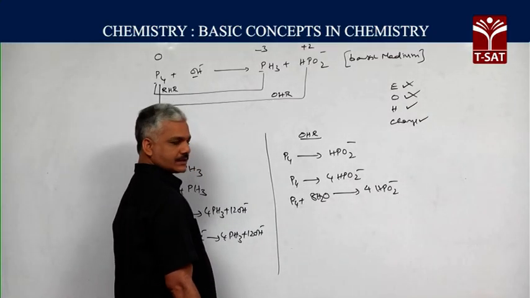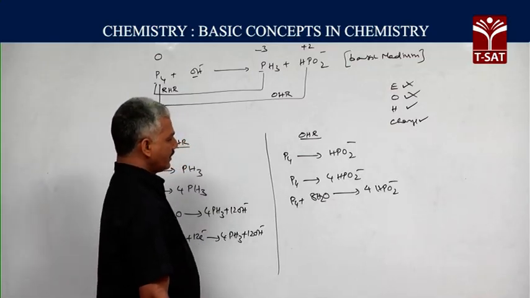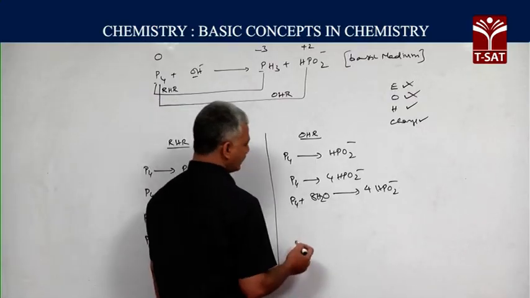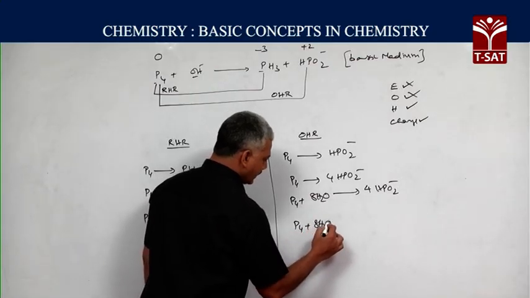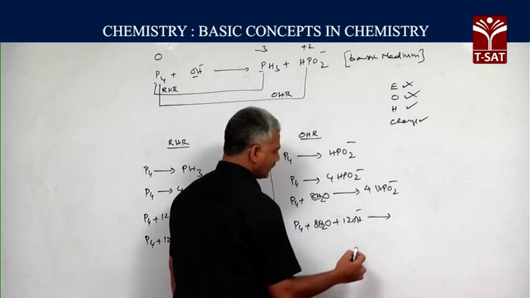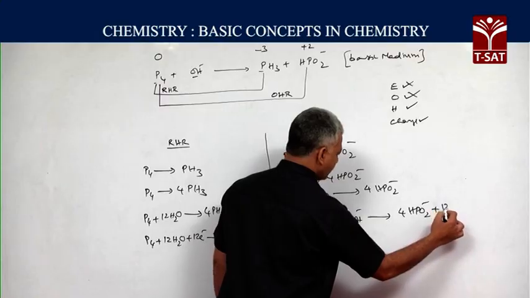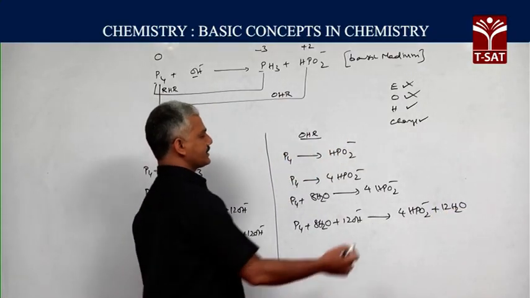hydrogens are present. So, the product side is deficient by how many hydrogens? 12 hydrogens. In order to balance the hydrogens, we will add required number of water molecules on the deficient side and equal number of OH minus ions on the opposite side.